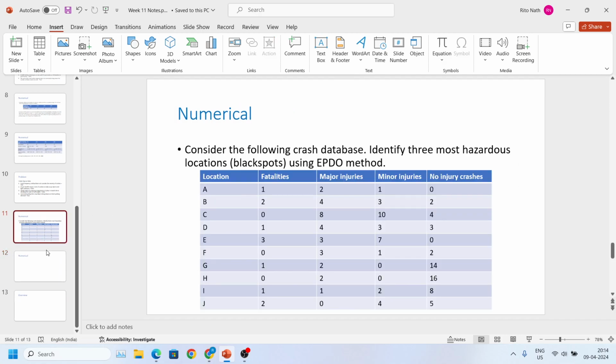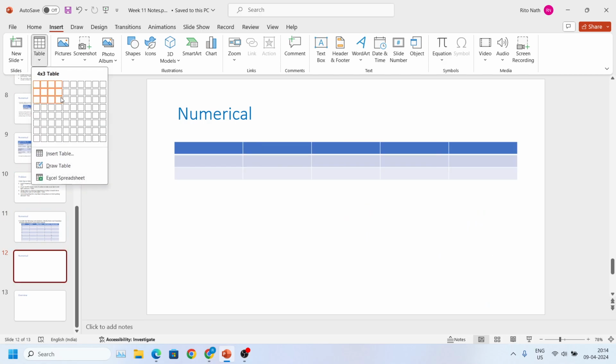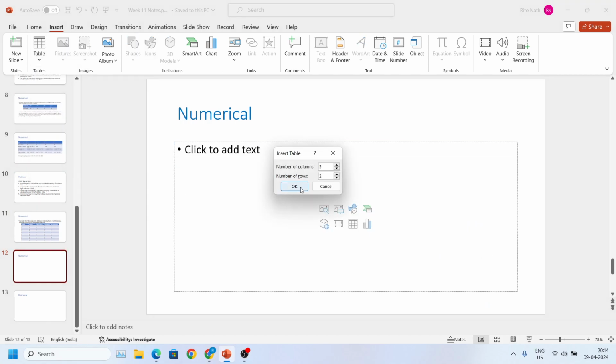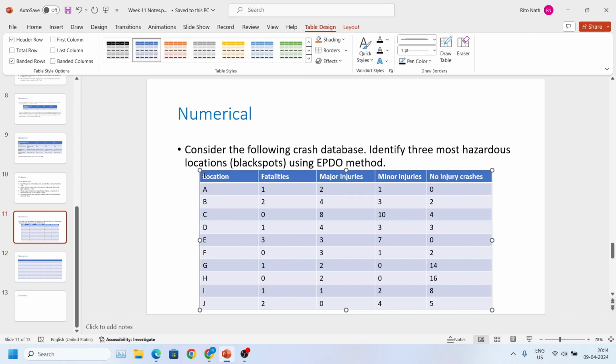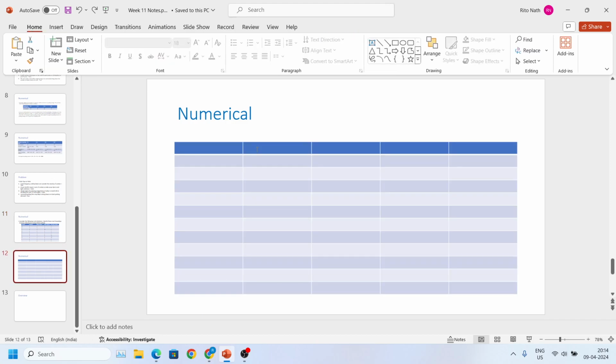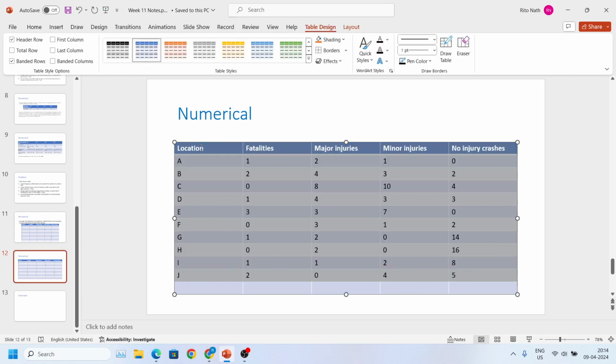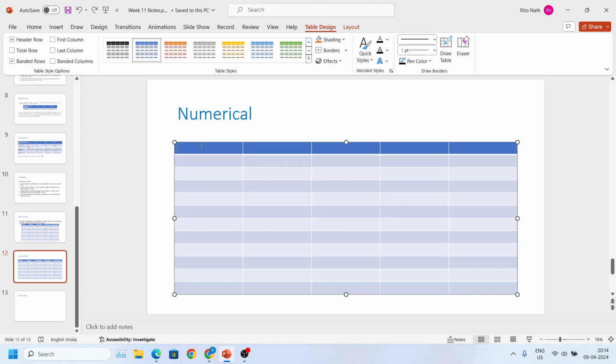First I'll get one table. Let's see if I can copy this. I made a mistake, I'll need another column.